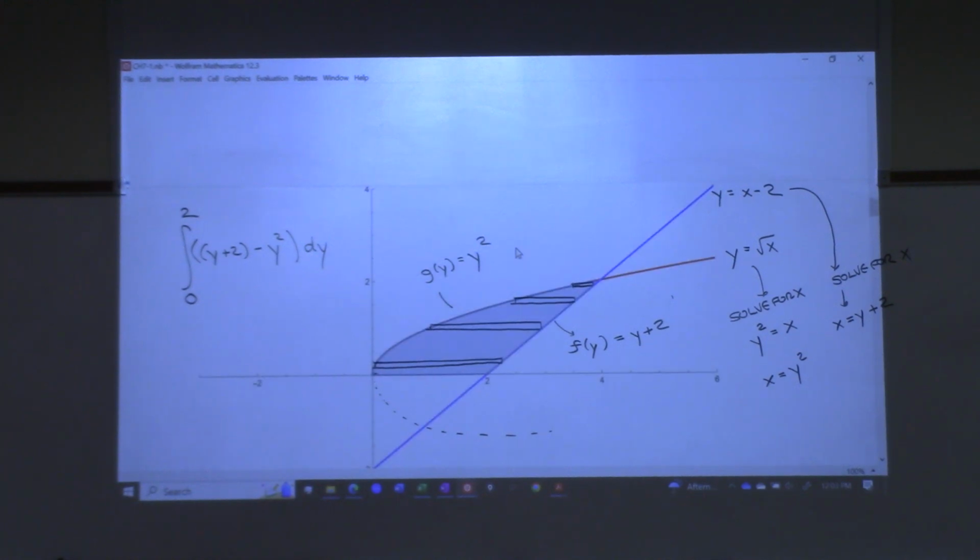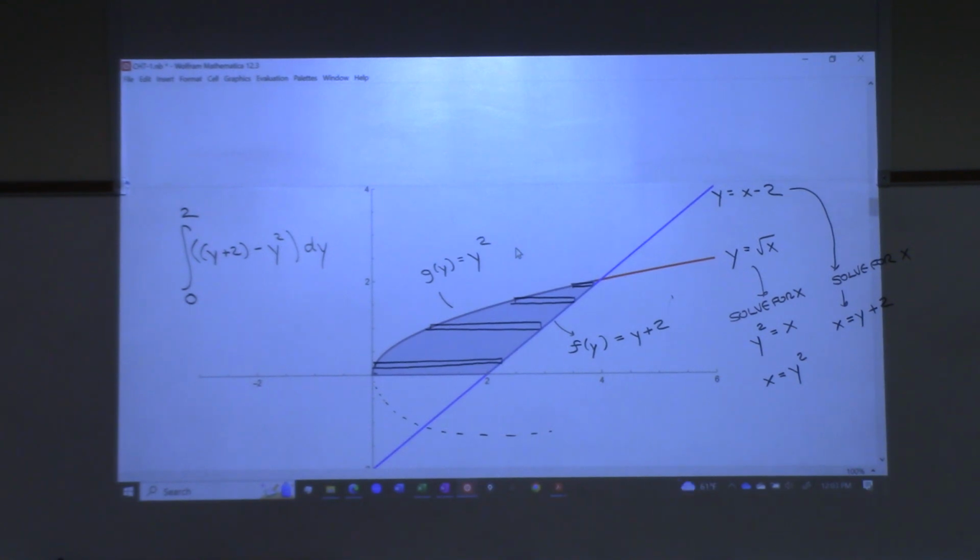So we did this before, when y was a function of x. If we were to rotate it, how do I put this?